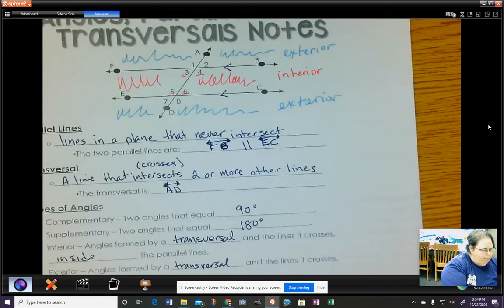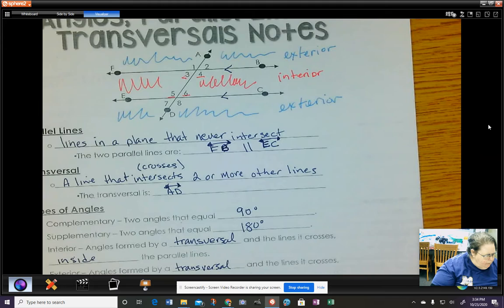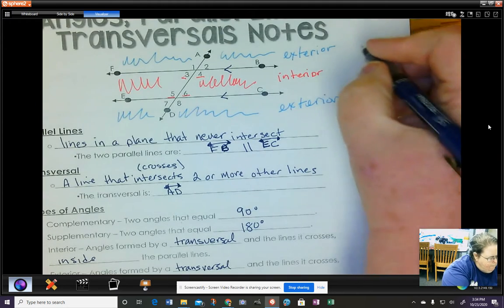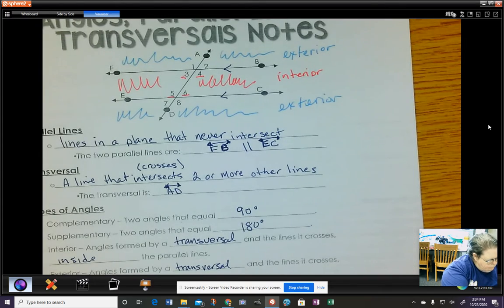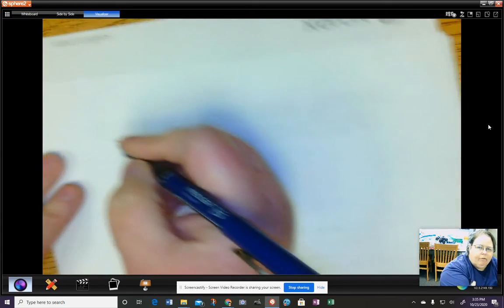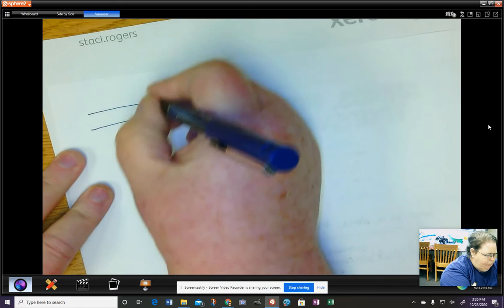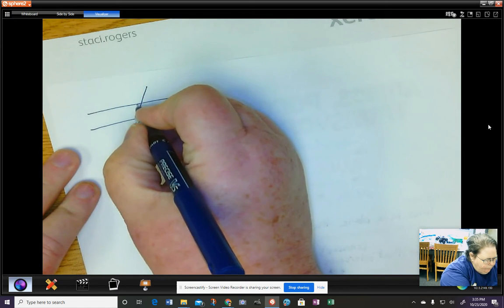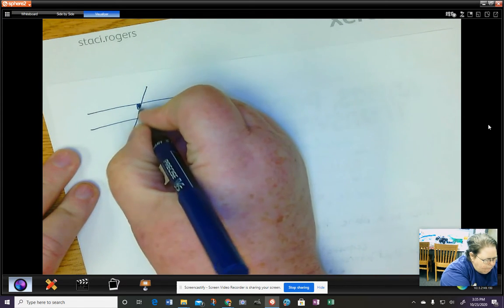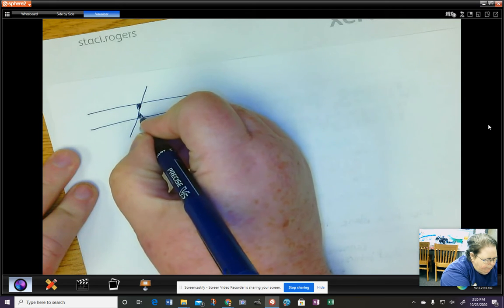So let's go up here. Alternate interior. I'm going to flip over to the back here. So I'm going to draw some parallel lines and a transversal. This angle right here and this angle right here.